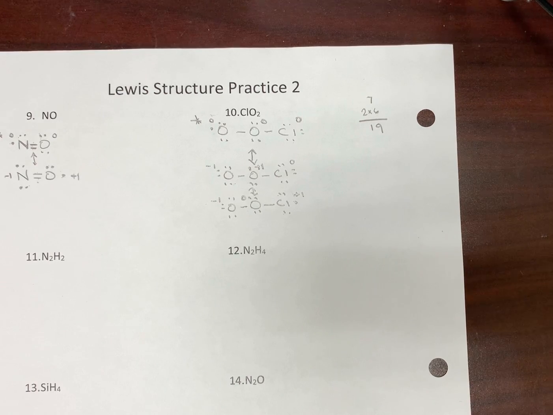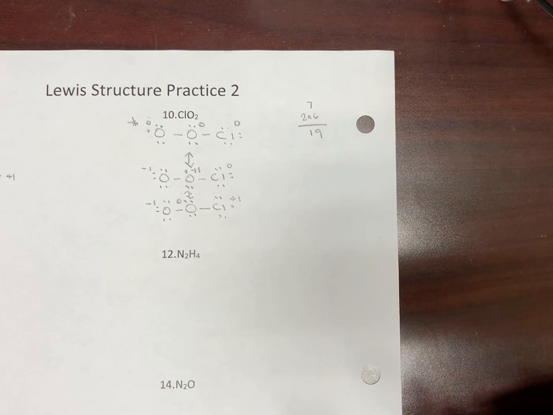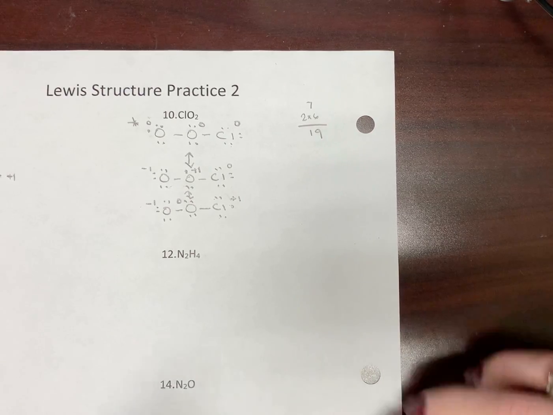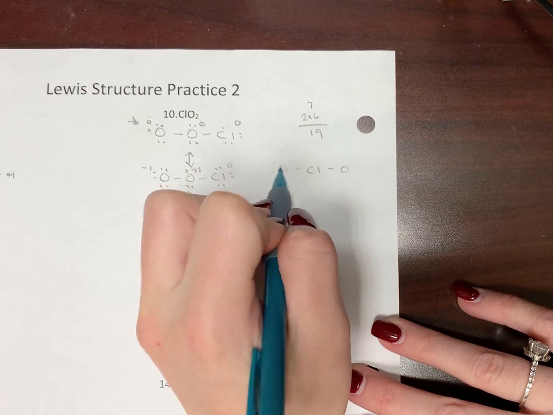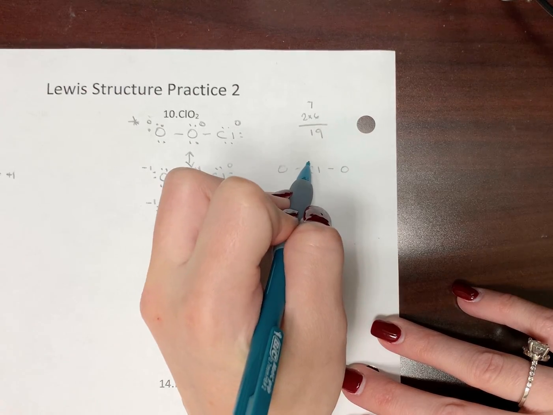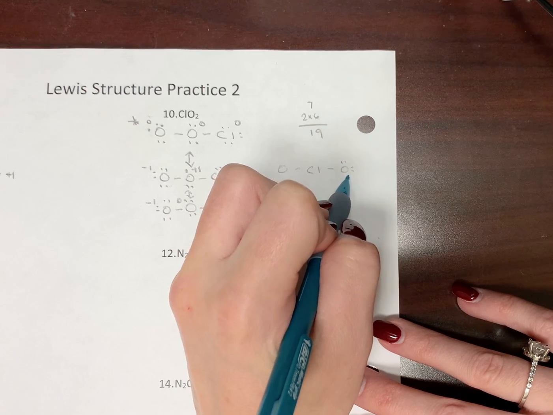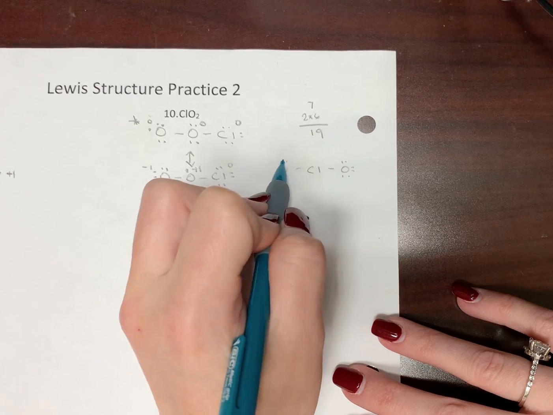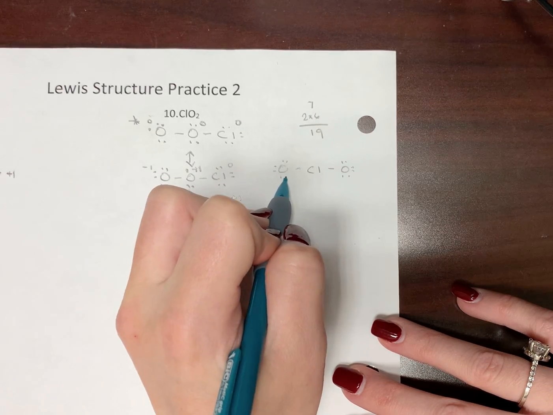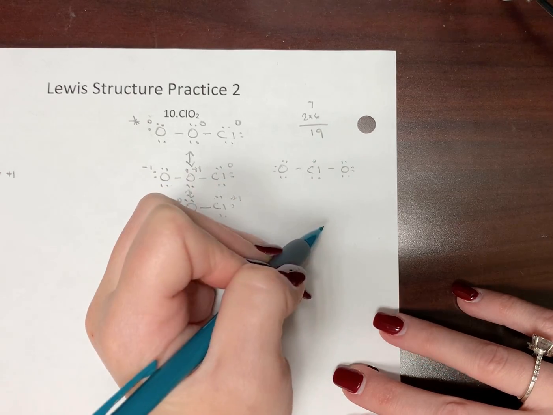Now, if you said for symmetry purposes you wanted chlorine in the middle, let me show you what happens. So if you 1, 2, 3, 4, 5, 6. And then we put the radical on chlorine in this form.